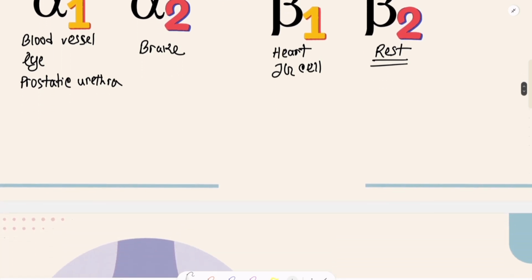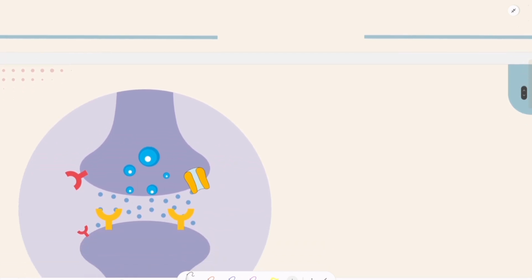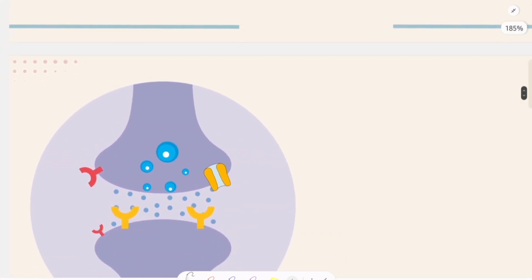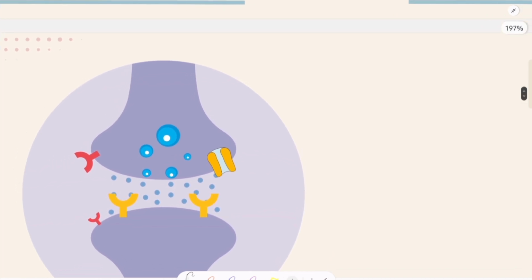Just like the parasympathetic system, the drugs acting on the sympathetic system can also be divided into sympathomimetic and sympatholytic drugs. Sympathomimetics are those that stimulate the sympathetic system, while sympatholytics are those that block it. We will start the discussion with sympathomimetic drugs.